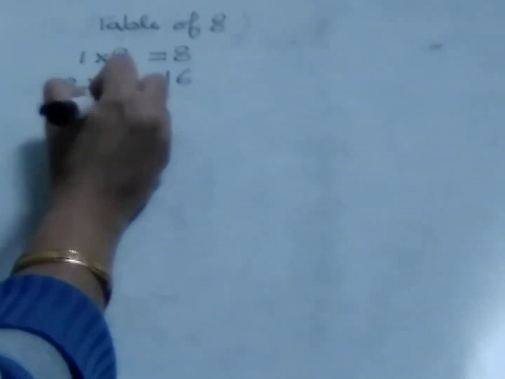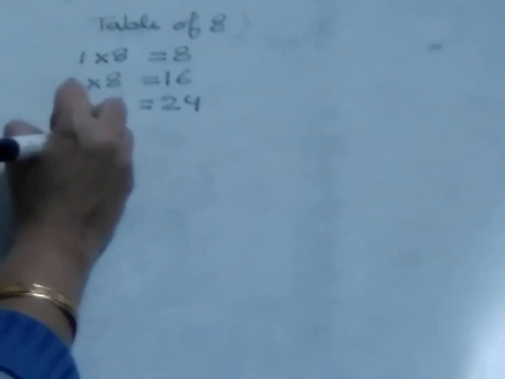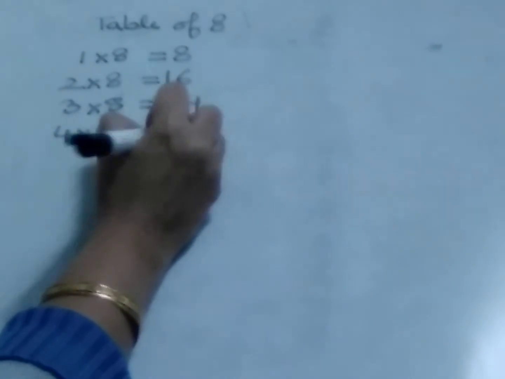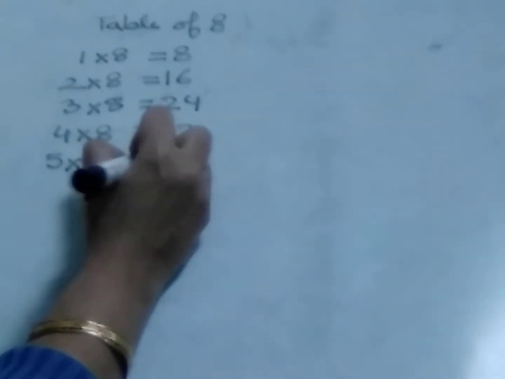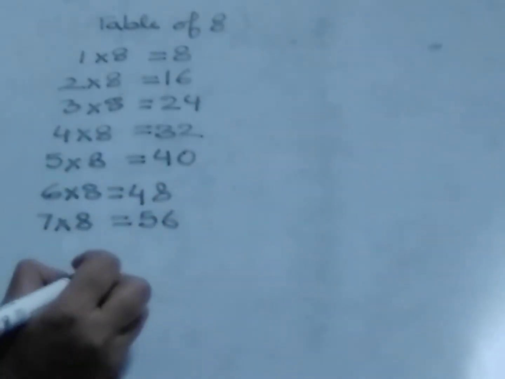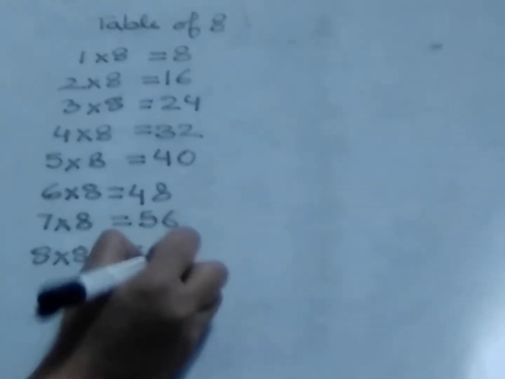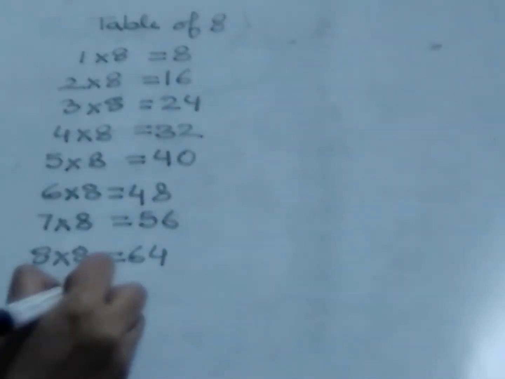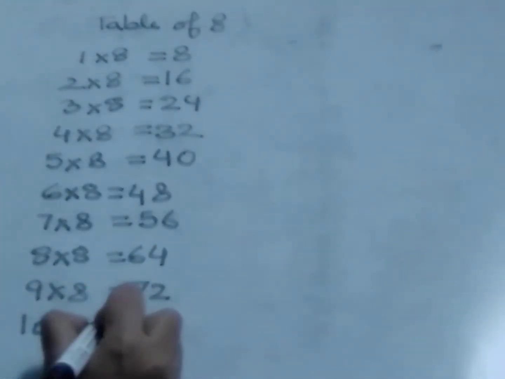Similarly, you can do the addition. 3 8s are 24. 4 8s are 32. 5 8s are 40. 6 8s are 48. 7 8s are 56. 8 8s are 64. 9 8s are 72. And 10 8s are 80.